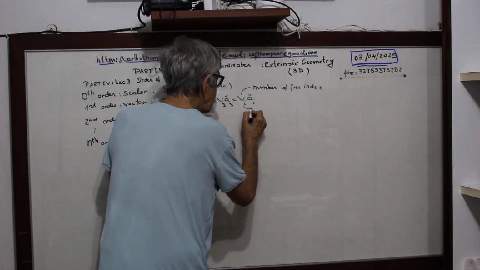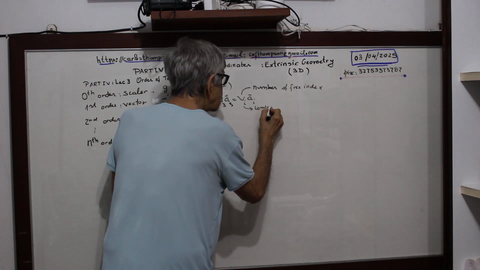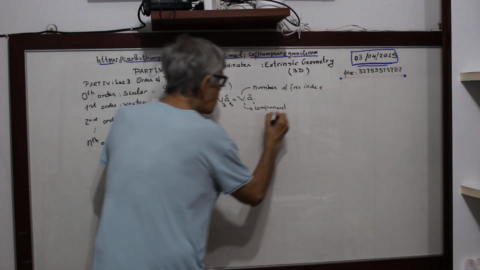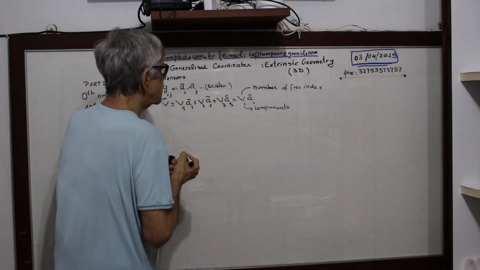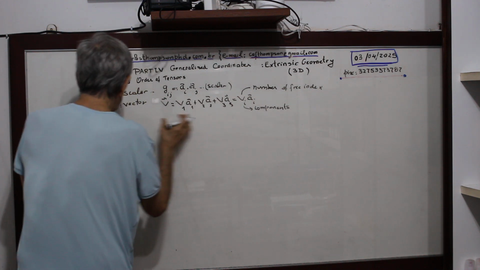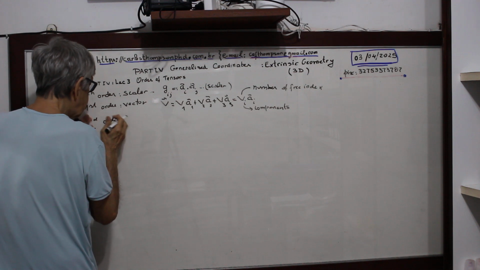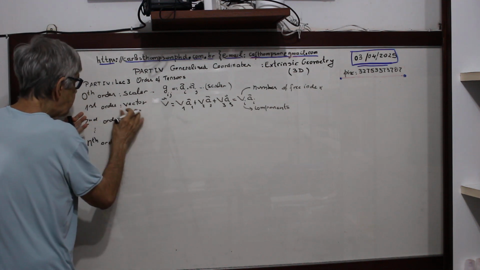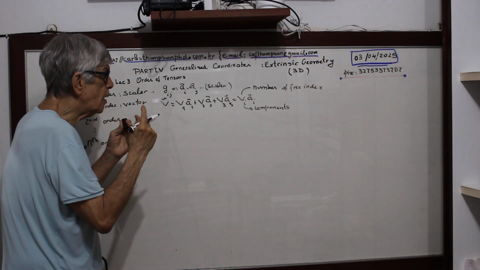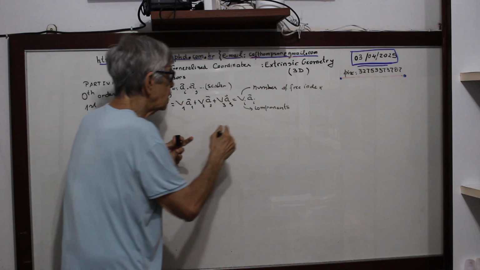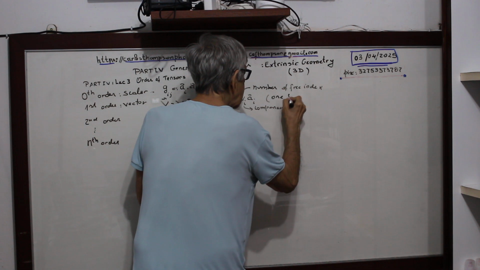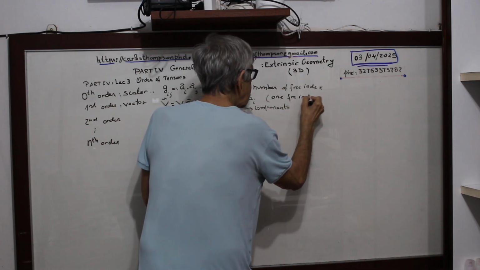This here, attention now, is the component, okay? So, let's call this the components. You see, if I expand this, I have this. So, if you define a vector as first order tensor, one free index, look, this is one free index.